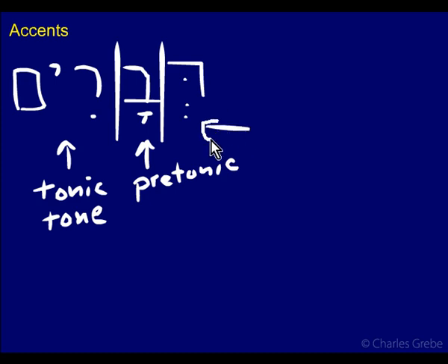And this here is the propretonic. So it's the one that comes before the pretonic. So you have three of them here. Ones before this wouldn't be named, at least not that I'm aware of.